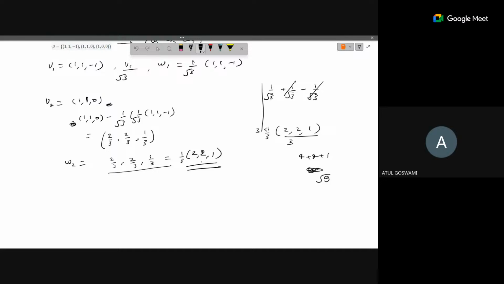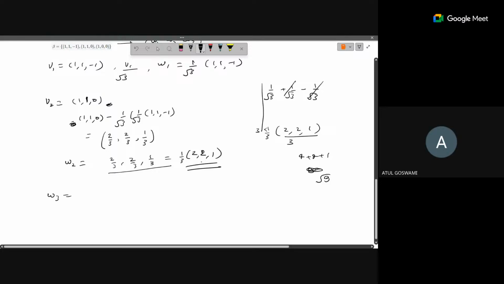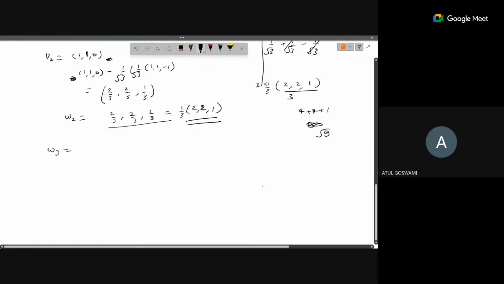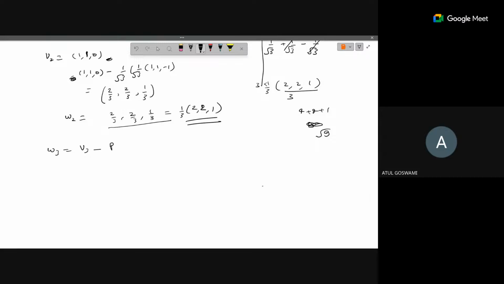Similarly for w3, we take v3 and subtract the projection of v3 on w1 first and then on w2.